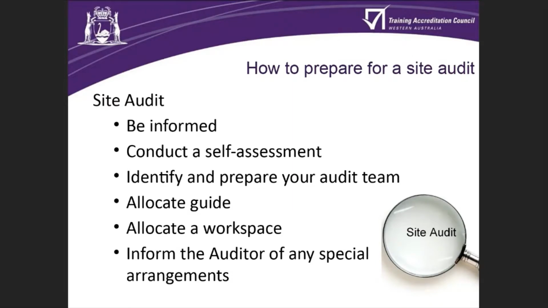It's really good if that one person is the continuity, because the auditor will want to speak to one individual and confirm all the requirements with one individual. So the first thing to do is appoint a point of contact and inform the auditor they are the individual that you want them to deal with.